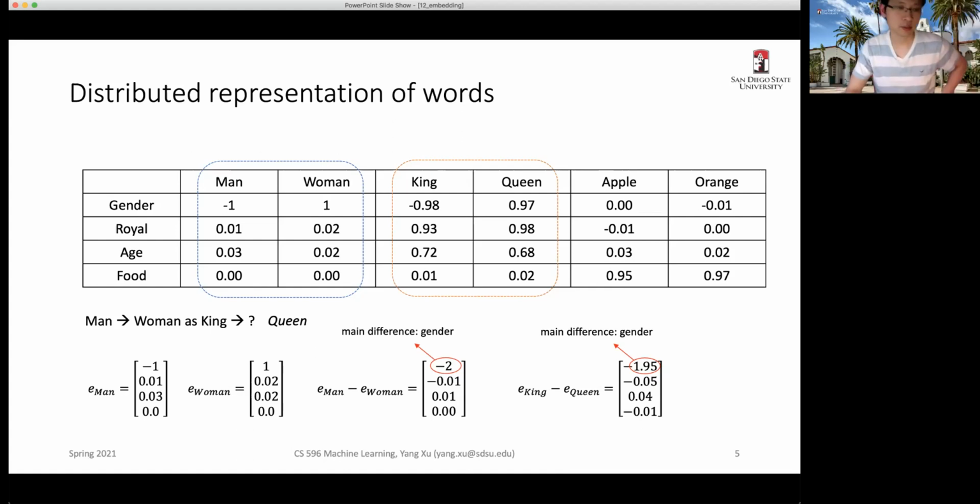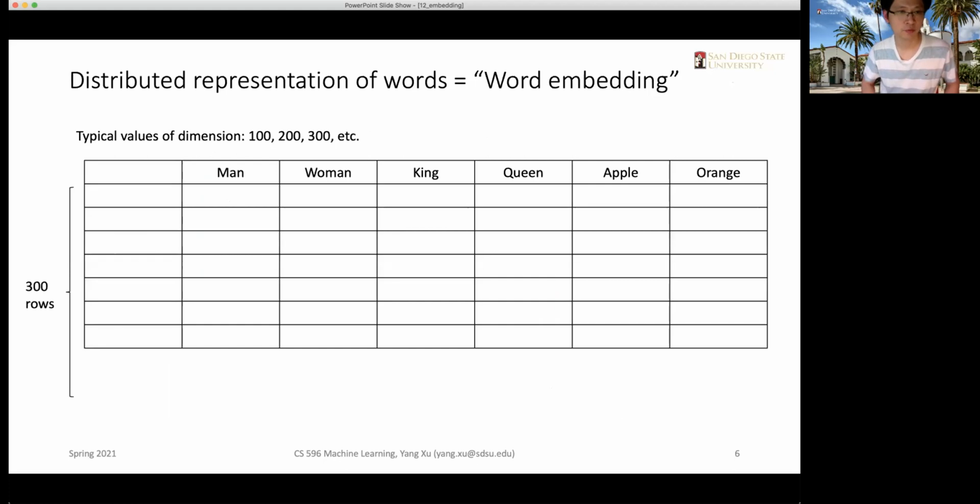And in practice, we will actually use way more than simply 4 features. In this simple example, we use 4 features, and all these 4 features have very clear meanings: gender, royal, age, and food. But in practice, with word embedding techniques, we will have way more features, and those features don't have very clear semantic meanings.